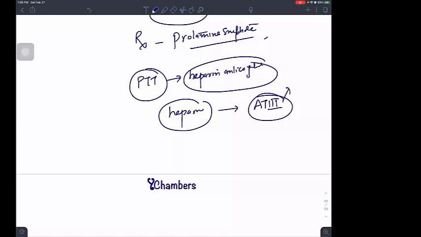Once I have more antithrombin in the blood, I will have less formation of clots, less thrombosis. So remember, we use the APTT to monitor heparin anticoagulation therapy. And it can also tell me about problems in my intrinsic coagulation system. Okay.